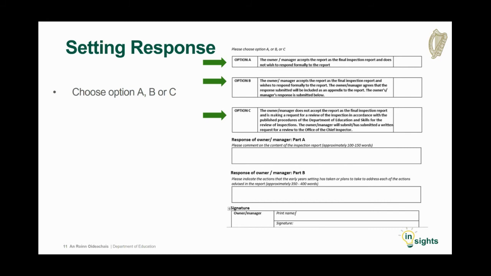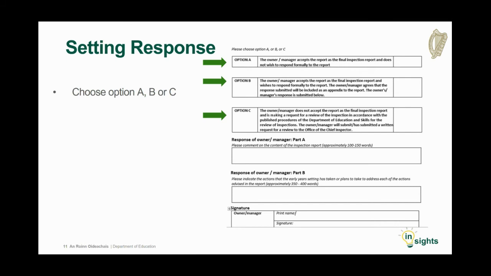The purpose of having a setting response is firstly to allow your setting to respond to and make comments on the content of the report, and secondly, to allow your setting to set out the actions that you have taken or plan to take to address each of the actions advised in the report, such as your plans for self-evaluation and planning, and improvement in the quality of your provision and practice.